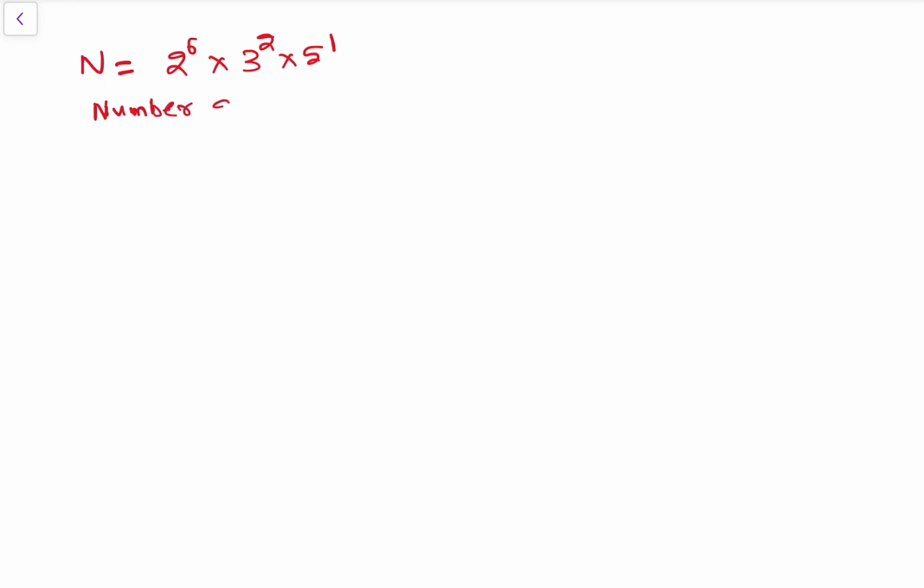Okay, the number is 2 to the power 6 into 3 square into 5 to the power 1. We need to find out the number of even factors. Even factors is equal to question mark.